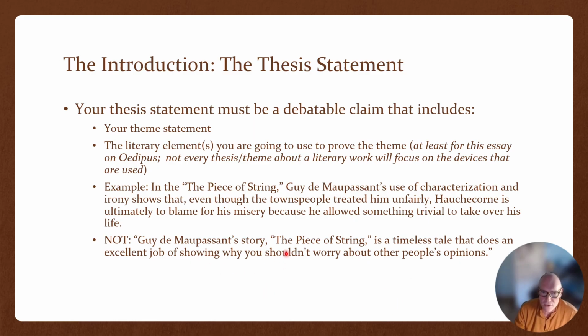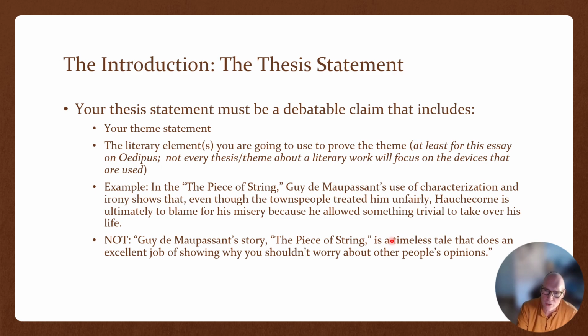Guy de Maupassant's story, The Piece of String, is a timeless tale that does an excellent job of showing why you shouldn't worry about other people's opinions. This has two pieces of opinion that aren't debatable. A timeless tale. What exactly does that mean? I can't really argue with you because I don't know what that means.